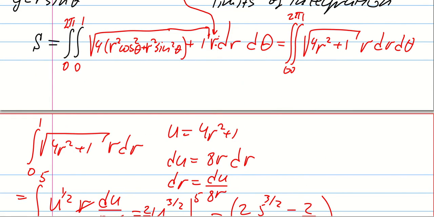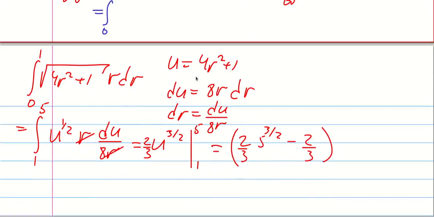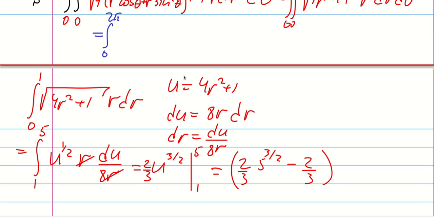So that means we go back over here, and we say the integral from 0 to 2 pi of this expression over here. So we have 2/3 times 5 to the 3/2 minus 2/3, d theta.